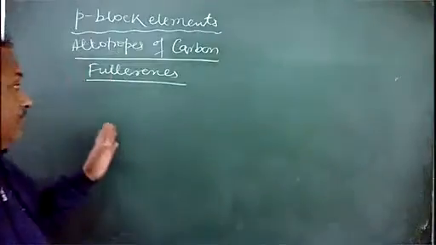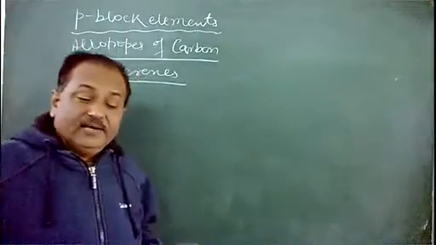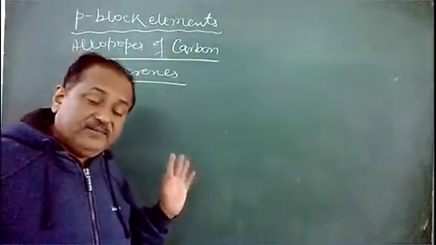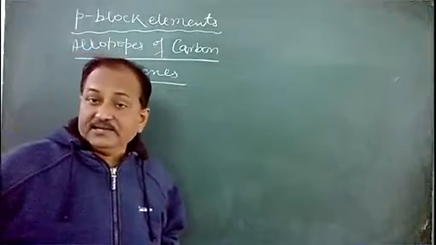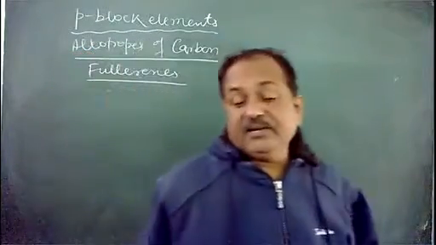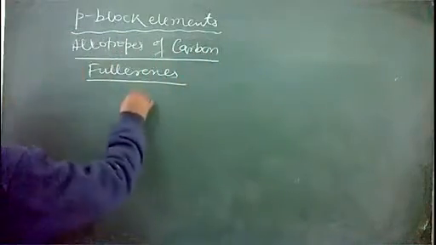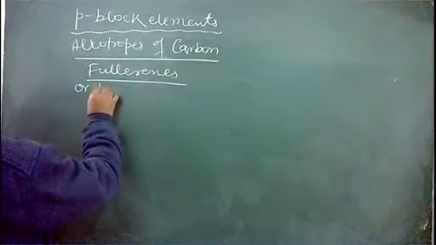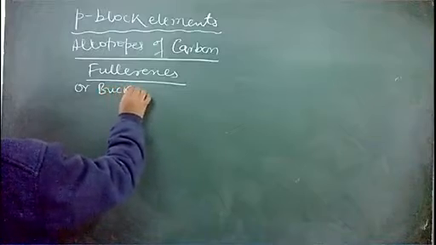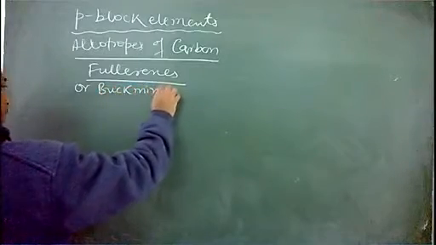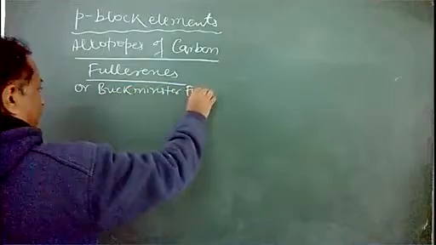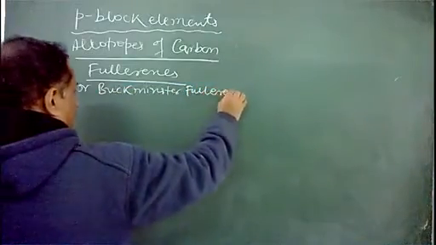Now, children, I am going to explain about the fullerenes. So, children, fullerenes, as you know, are the synthetic allotropes of carbon, and fullerenes are also called Buckminster fullerenes.